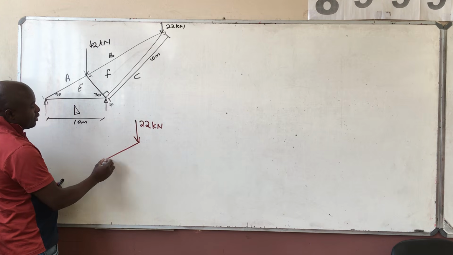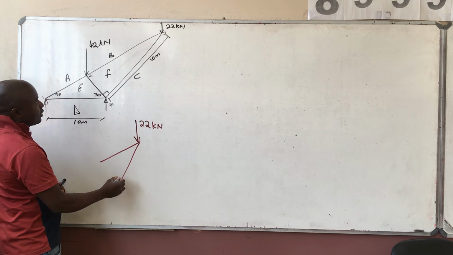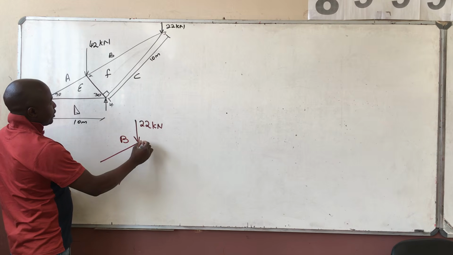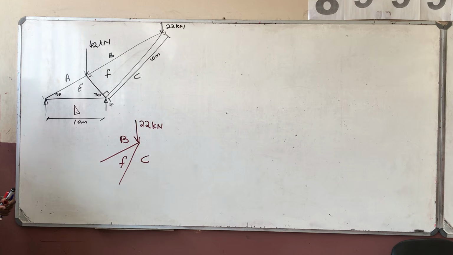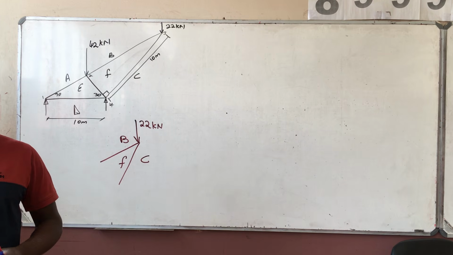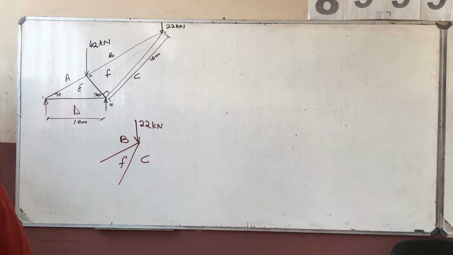Also this one, as well as this one. Here is B, C, and F. At least we know that BC is vertically downwards, right?